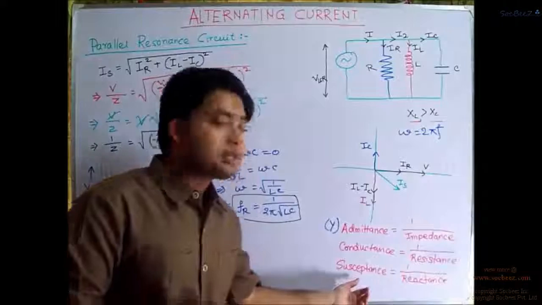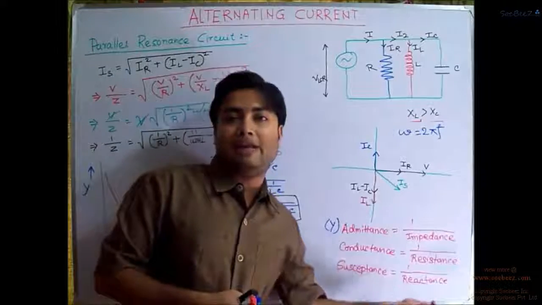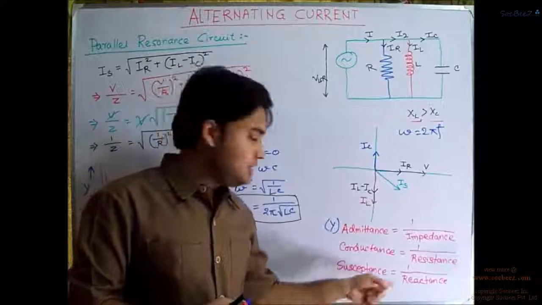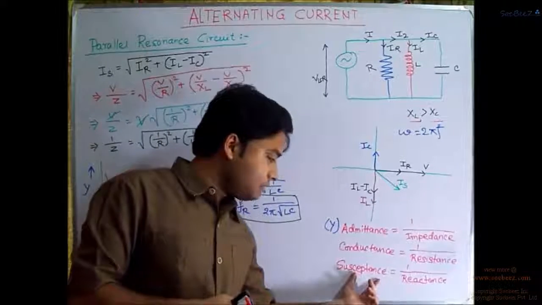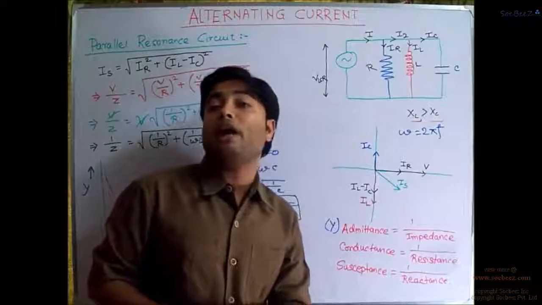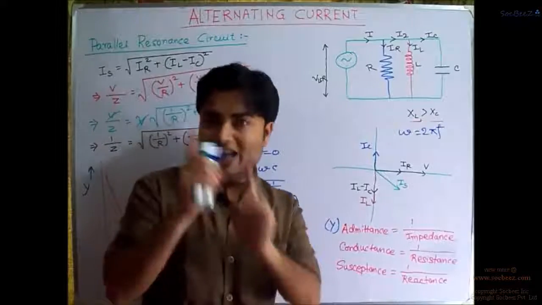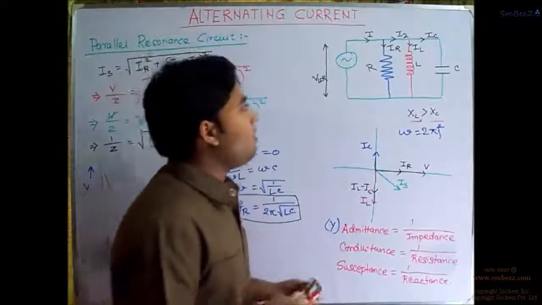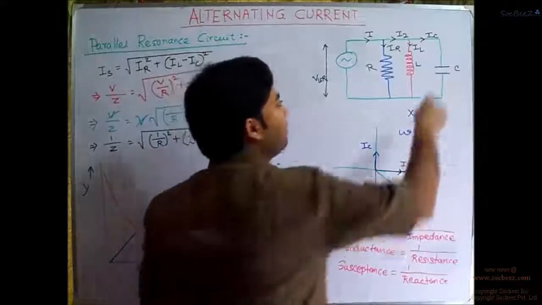Because susceptance is equal to 1 by the reactance. If susceptance equals 0, this reactance will be an infinite one. Which part are the reactances applicable to?